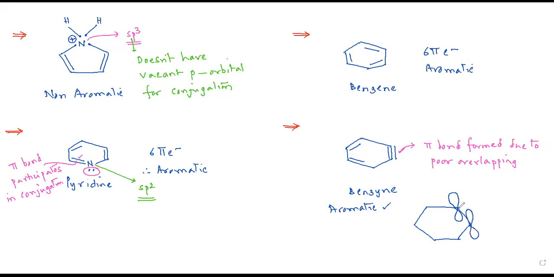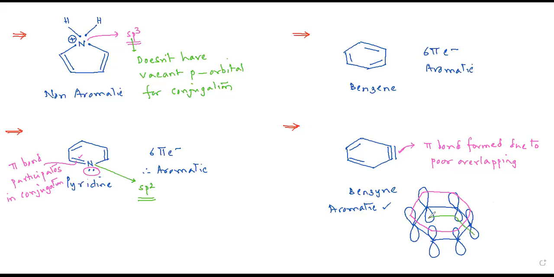Now, let me show you the arrangement of p orbitals. I mean the vacant p orbitals at the 6 carbon atoms of the benzene. Now look at the way they overlap. The upper portions and now the lower ones.